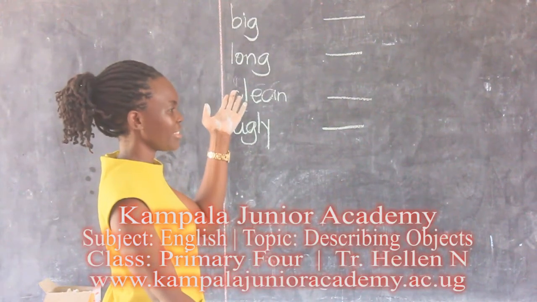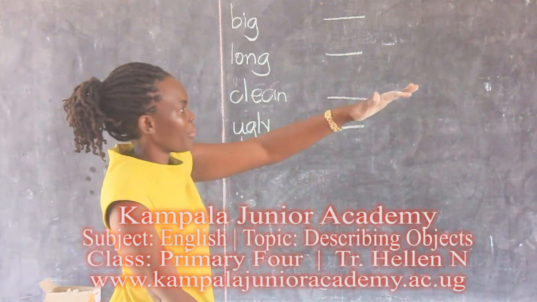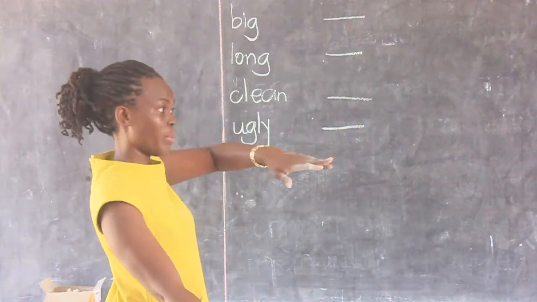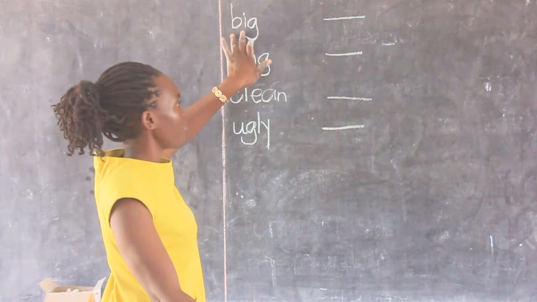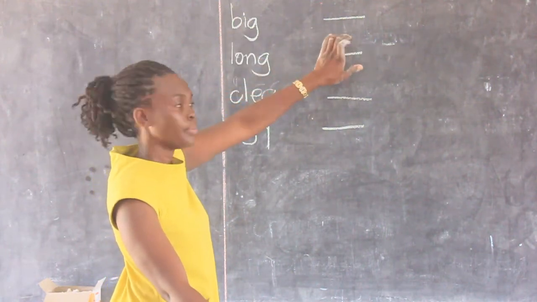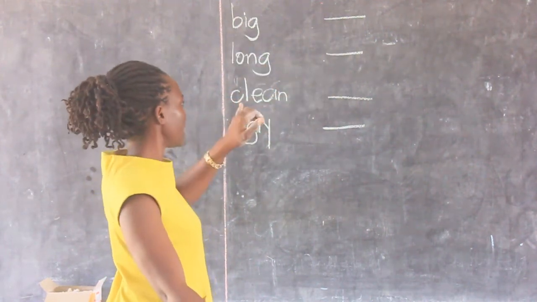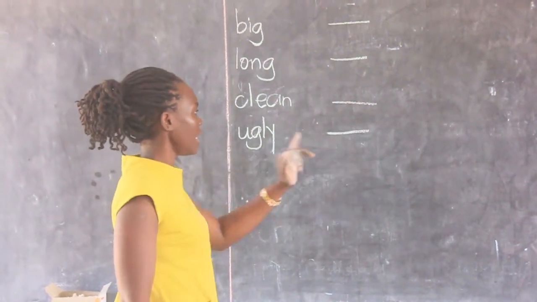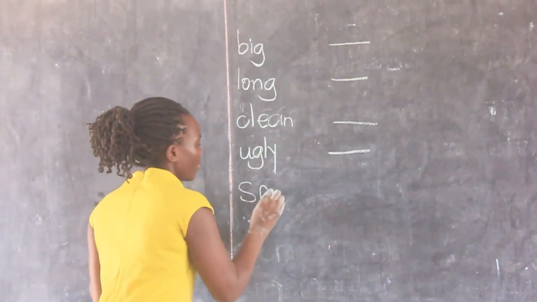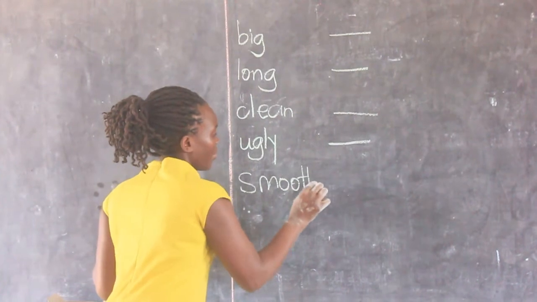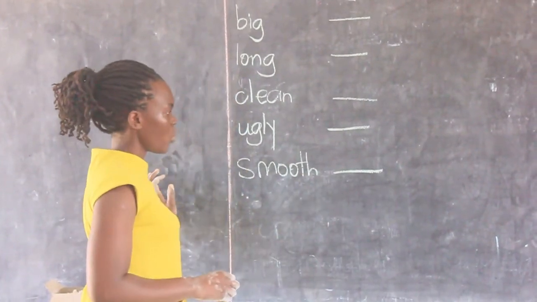So we have our second number away from the filling in. We have here giving opposites. You have big, give me the opposite of big here. Long, put the answer there. Clean, put the answer there. Ugly, and I have smooth. Give the opposite of smooth.